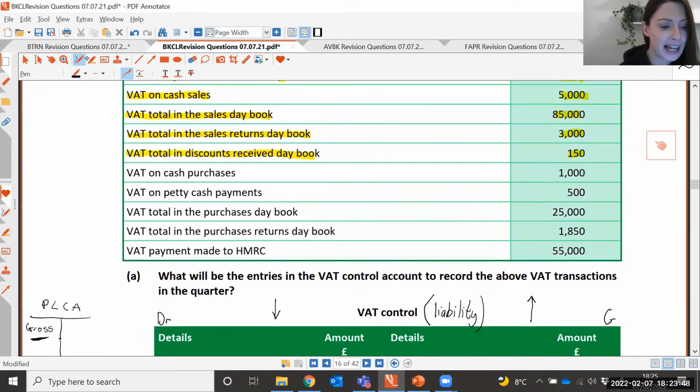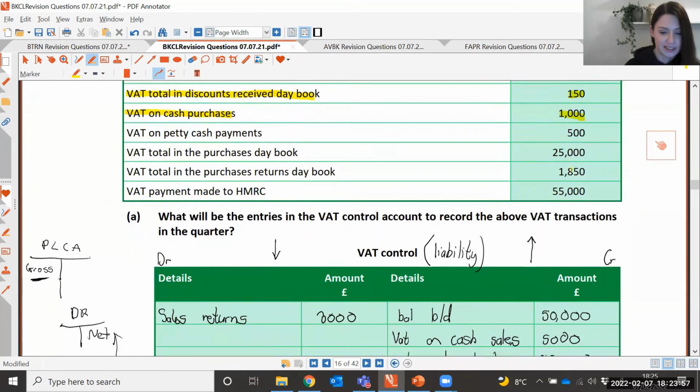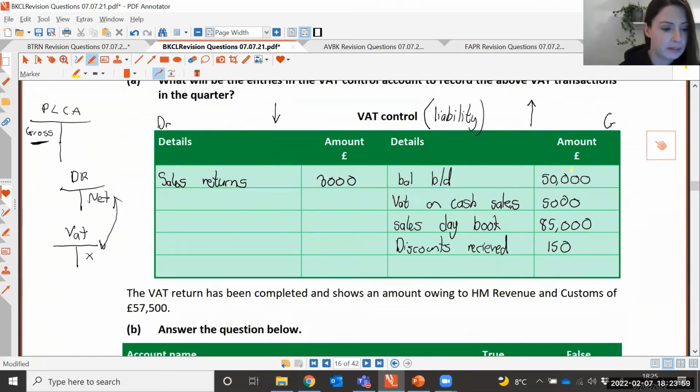So VAT on cash purchases, what side of the account would we put that on? A debit, yeah, because we can reclaim it against what we owe. So cash purchase is £1,000.